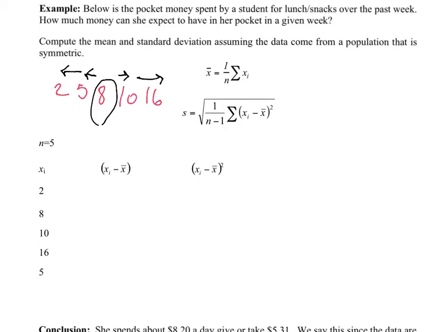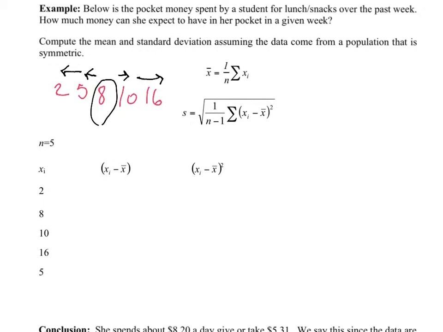So they're about the same distance as well. So what I'm going to say is, I'm going to take a long shot and say I think that the pocket money spent is symmetrically distributed in general, and even though we just have a sample here, it reflects the general pattern.